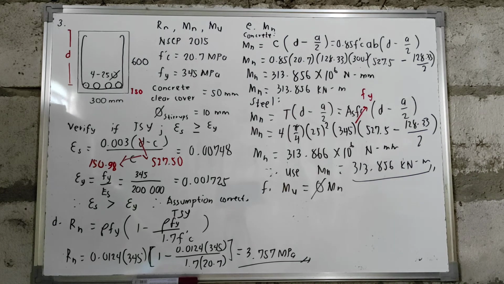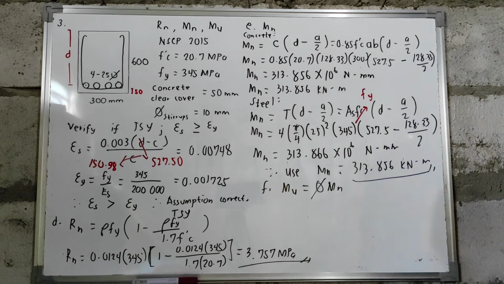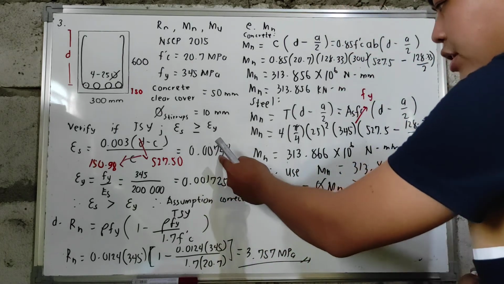It depends kung nasaang region ka, kung tension control ba yan, compression control, or transition control. Sir, paano po natin malalaman kung nasaang region po tayo? It depends upon the value ng epsilon S natin. Okay. So, yung epsilon S natin, this is 0.0748.